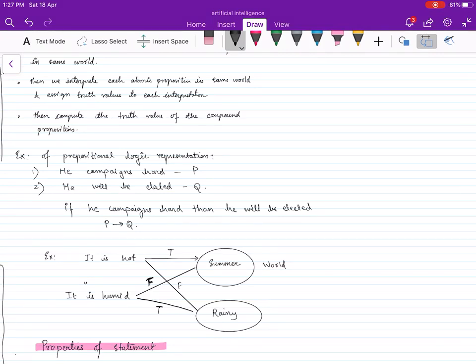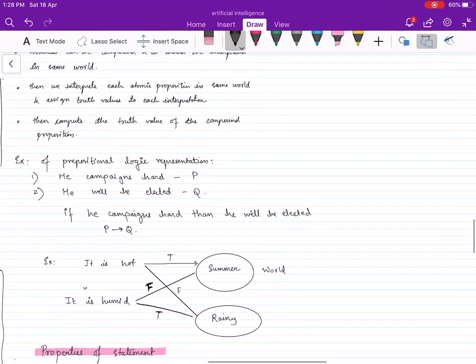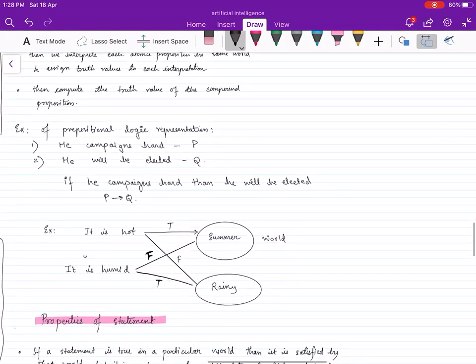This depends on the world. For example, it is humid is true in rainy, and it is false in summer. So it also depends on the world. So we try to evaluate the meaning of a sentence according to the world.